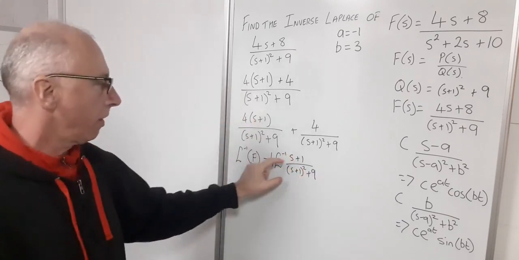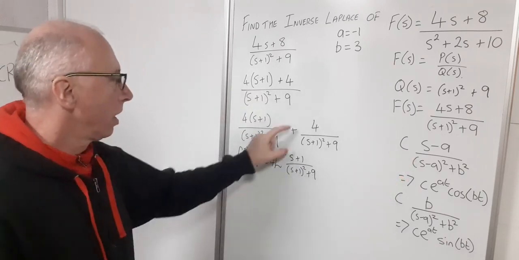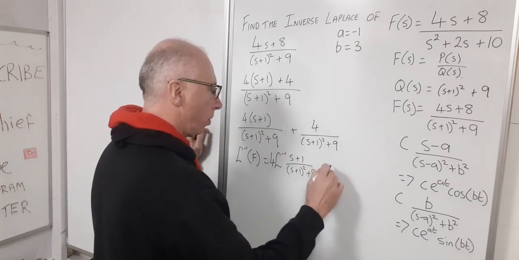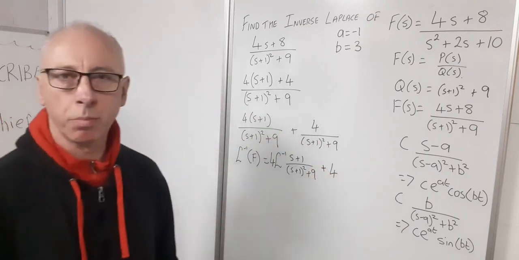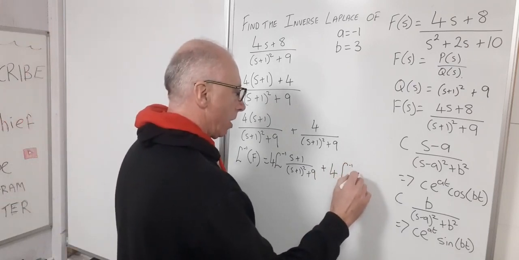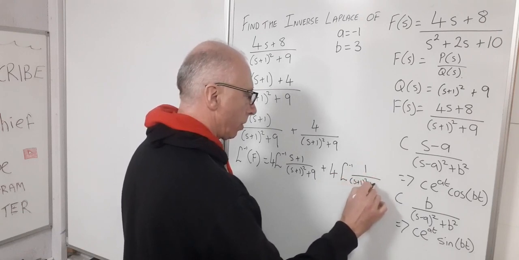So that takes care of that one, and we've got something similar to this. This one here, let's do the same. There's a 4, which is a constant we can bring out. And then we've got the inverse Laplace of 1 over s plus 1 squared plus 9.